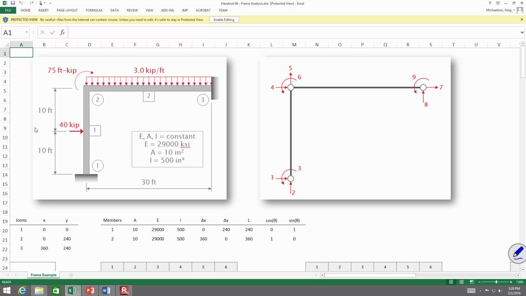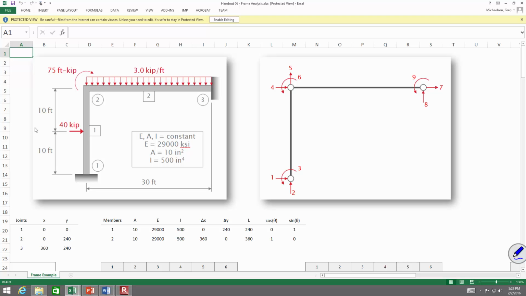Based on that coordinate information, I can determine all of my member properties. The big one being, remember delta x's and delta y's. We always take the higher nodal x value or y value minus the lower number. So if we're looking at member number 1, we would take x2 minus x1, y2 minus y1, right? Make sense? Okay.